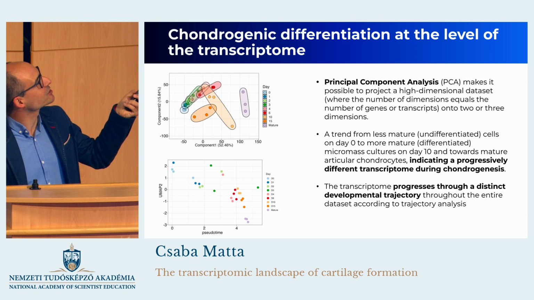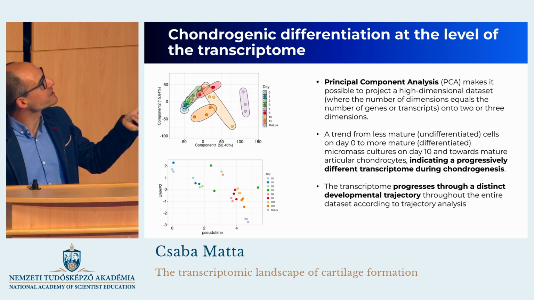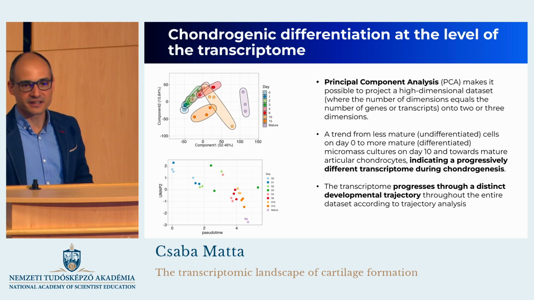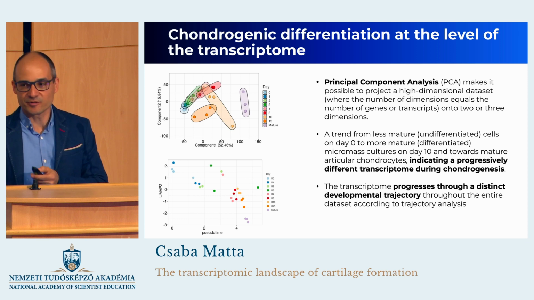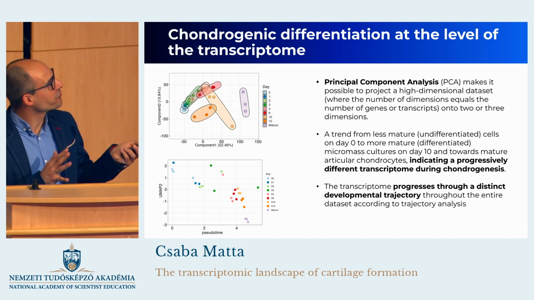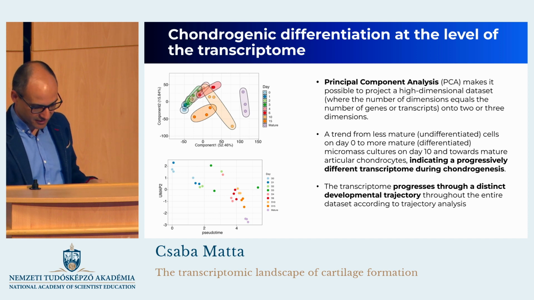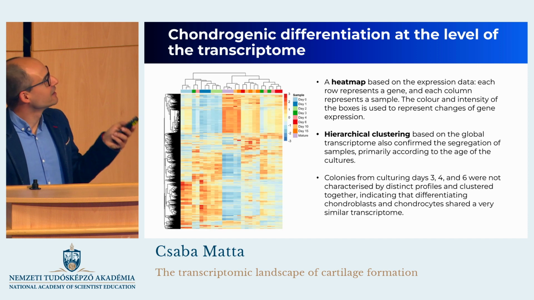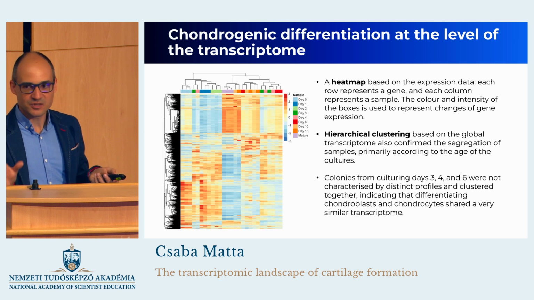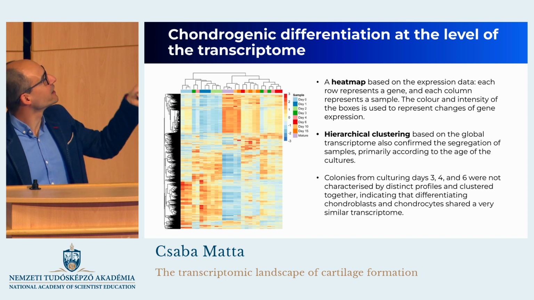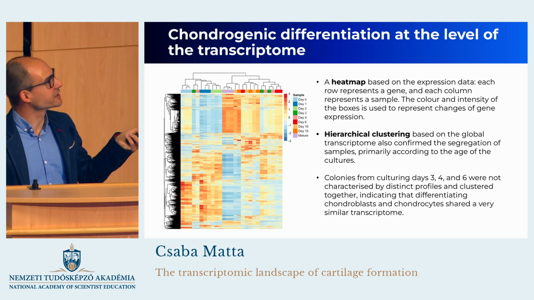There is a trajectory that these cultures follow during differentiation. So we could confirm what we see using conventional techniques. We could confirm this at the mRNA level that, yes, there is a differentiation taking place.